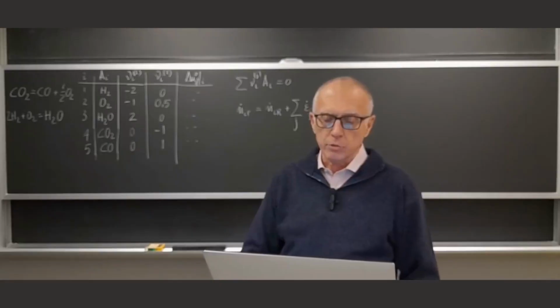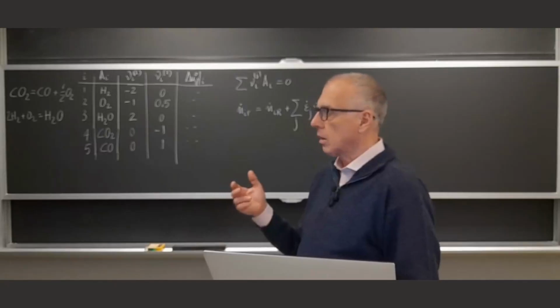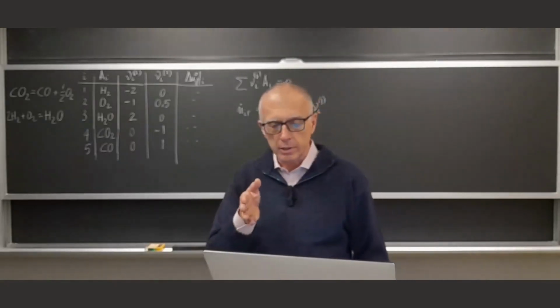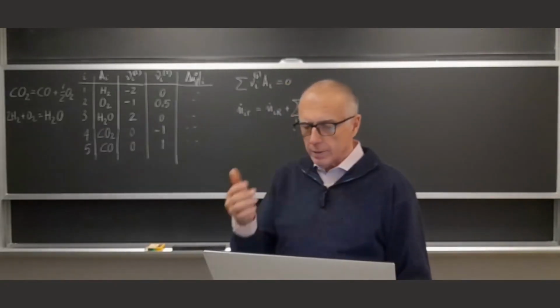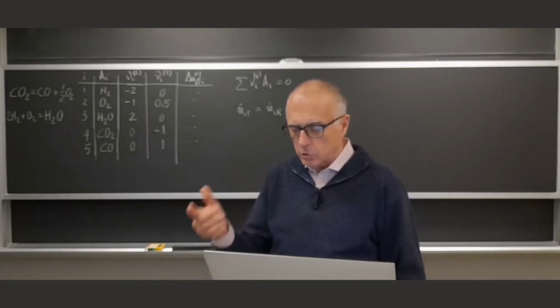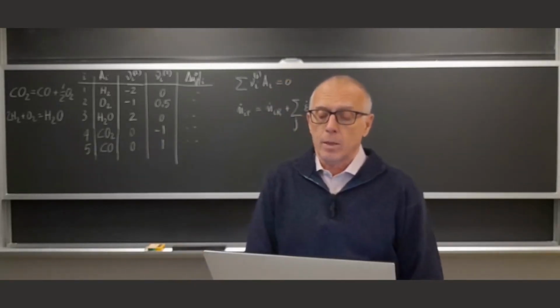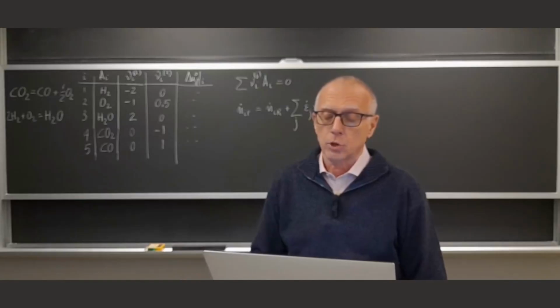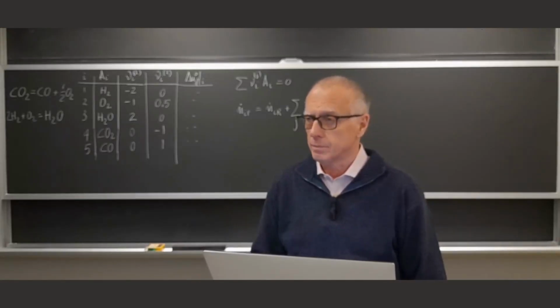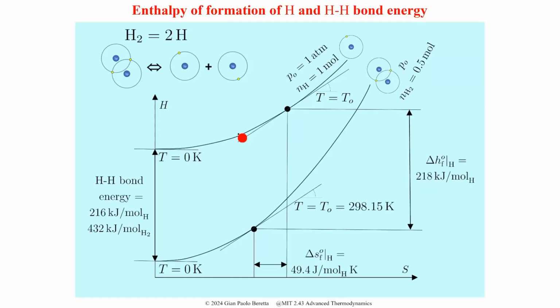Now these two curves, until yesterday, until we didn't consider chemical reactions, were sort of independent. If we needed to describe the properties of this molecule, we just draw this curve anywhere, taking an arbitrary 0 for the enthalpy.